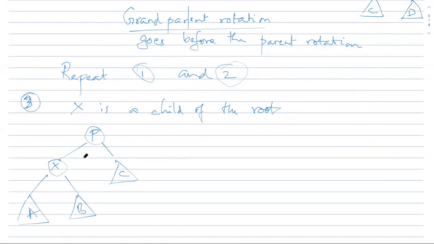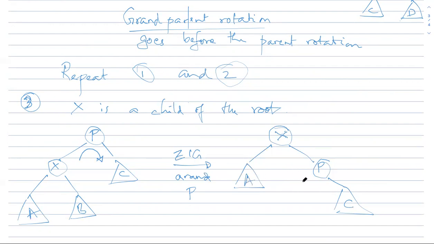This is the easiest case, where you would give a clockwise rotation to bring X to the root. So this is just zig around P. And you get X at the root, and then P becomes the right child, and C stays as the right subtree.